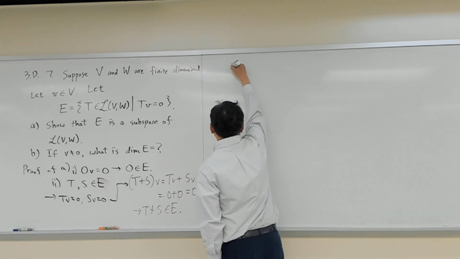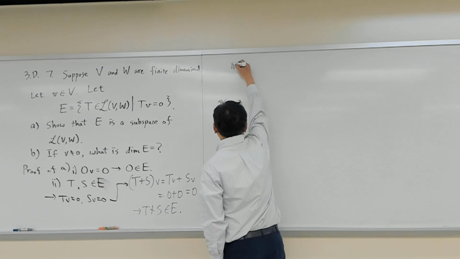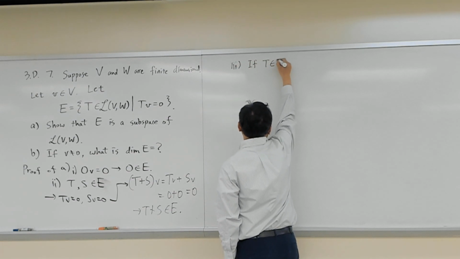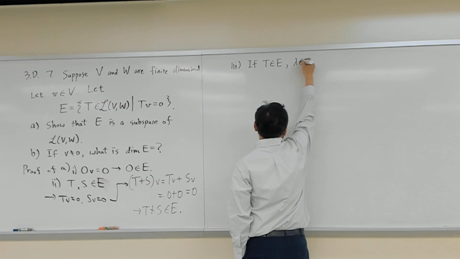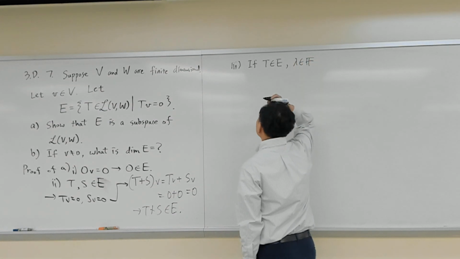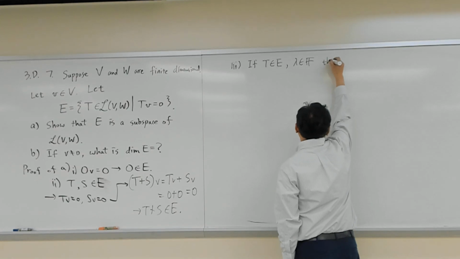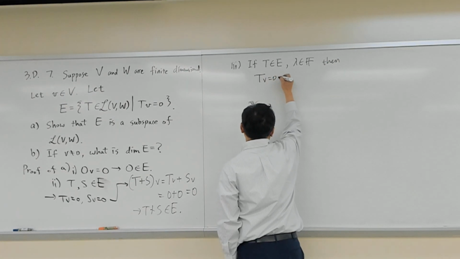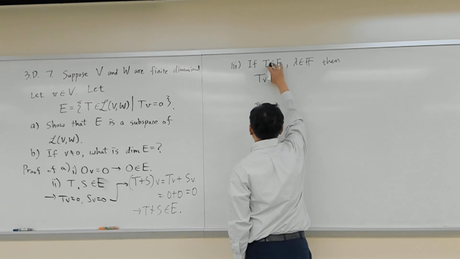That means T plus S must be in E as well. And then 3: if T is in E and lambda is in the base field F, then T of v is 0. That's what it means here.